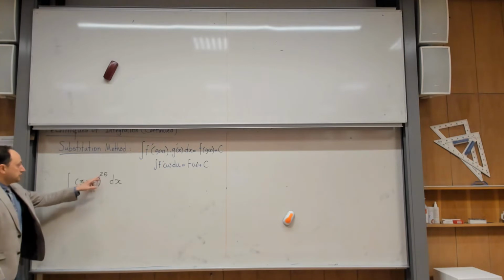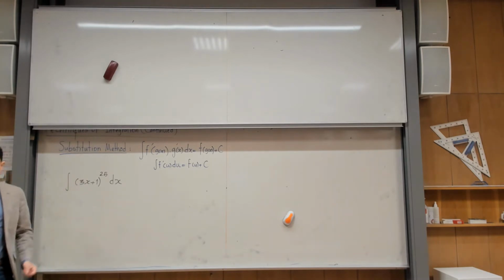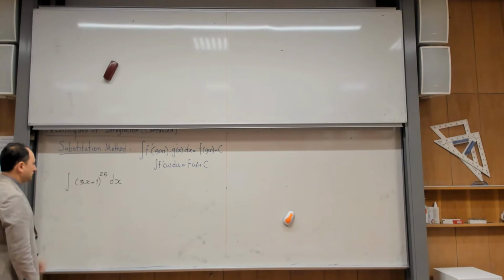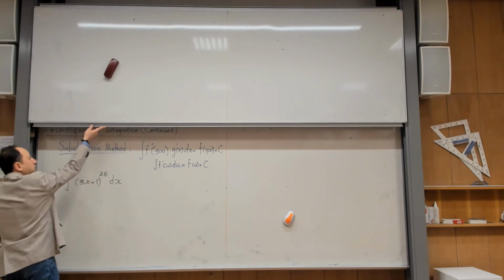If the power was just 2, you really wouldn't face any problems. You just raise it to power 2 and then find the primitive function of each term. But raising it to power 25 is actually hard. So this method of substitution, as you will see, will help us to solve this.